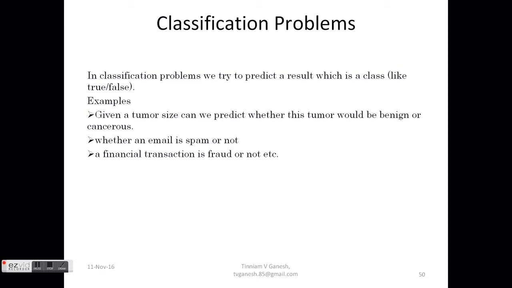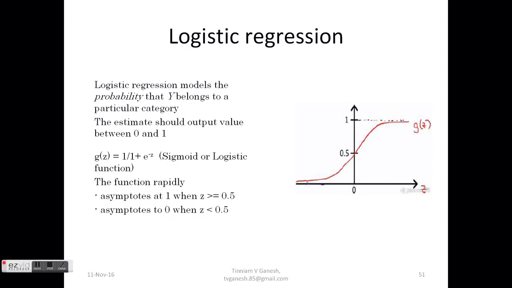Maybe whether a financial transaction is fraud or not. So really, we are trying to classify a given domain into multiple levels. It's not continuous; rather, it's discrete, and it can have one of many levels.